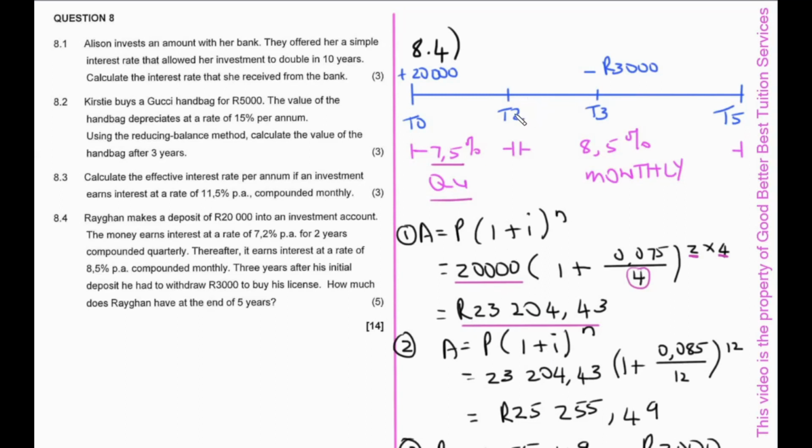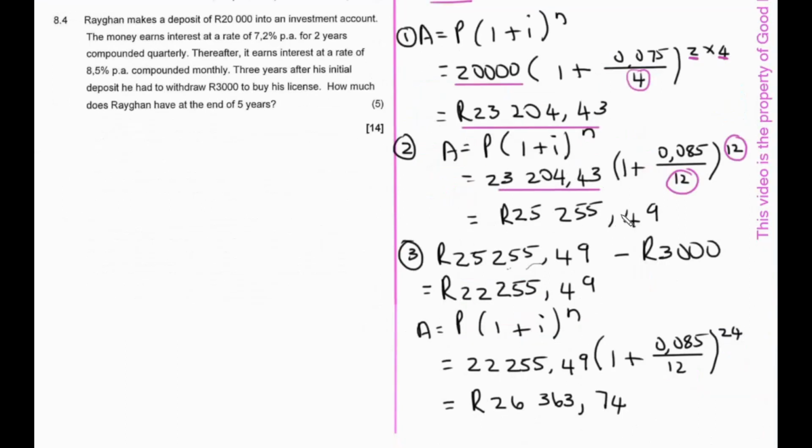So from T2 to T3, this amount, 23,204 Rand and 43 cents, is our principal amount, and it's in for that year from T2 to T3, compounded monthly for 12 months. So what happens now?